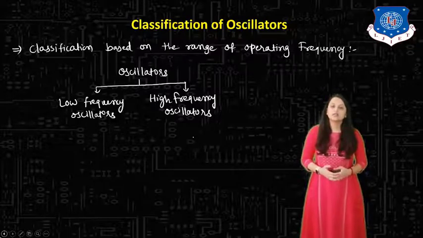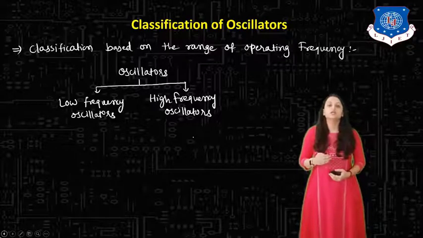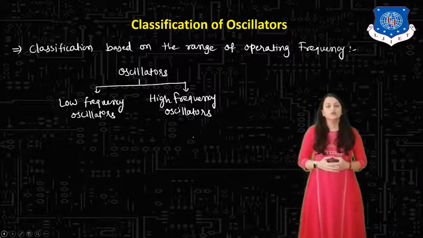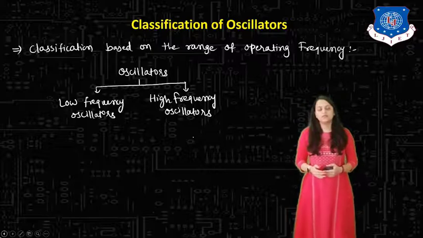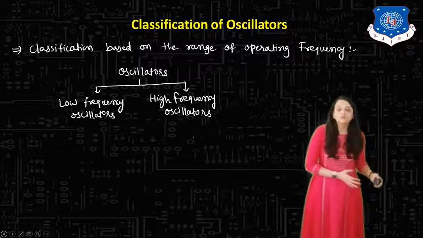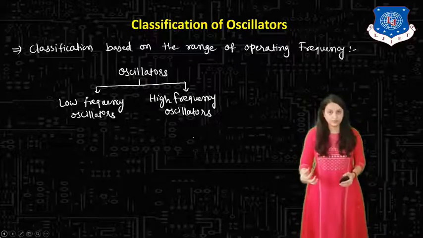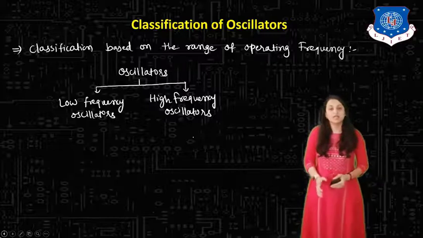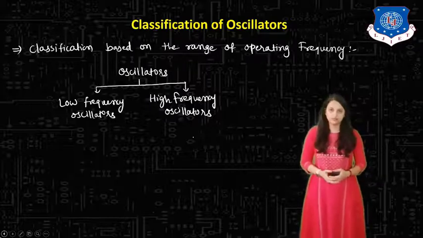Next is the classification based on the range of operating frequency. In this type of classification, we classify the oscillator based on the output frequency they are producing. And according to that range of operating frequencies, we can classify them into two categories.